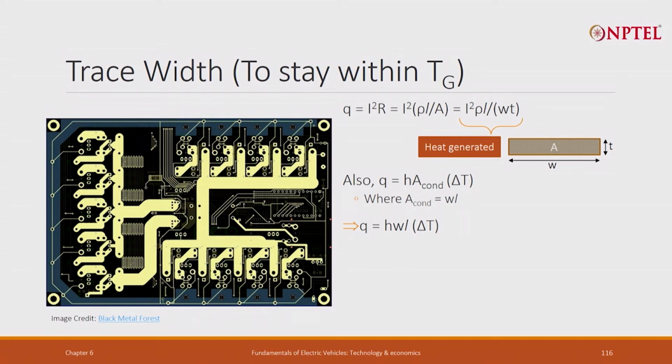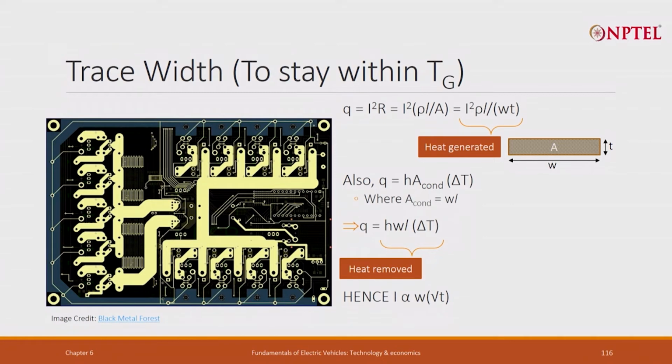Now, if I just equate the heat generated with the heat that is being removed, then I will be able to easily find that the current that the trace can carry is directly proportional to W into square root of T. I will advise you all to figure it out for yourself.